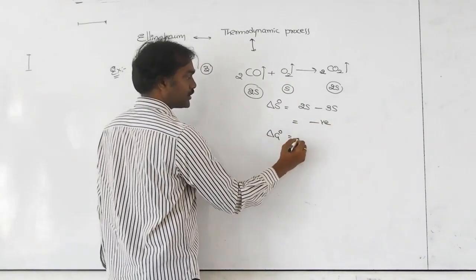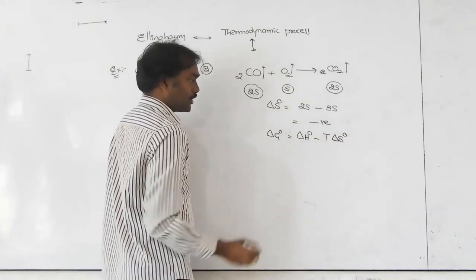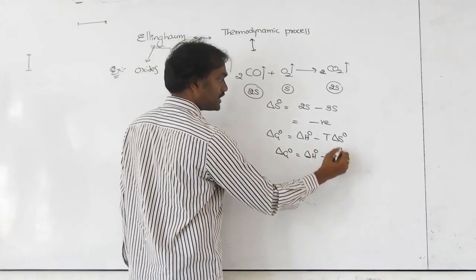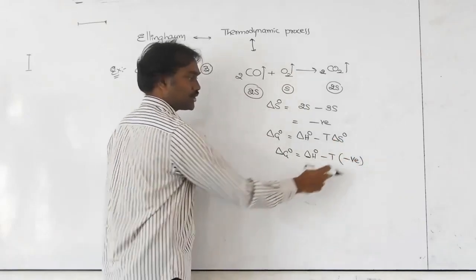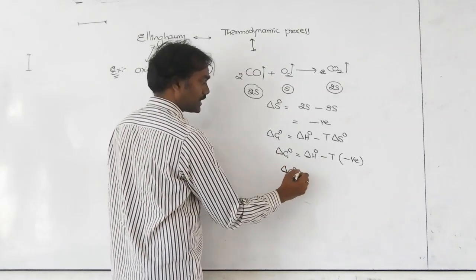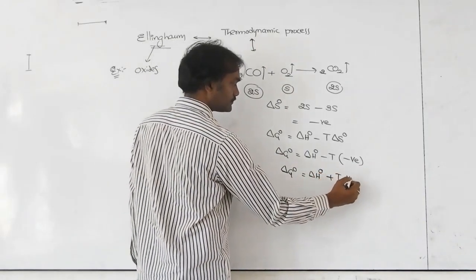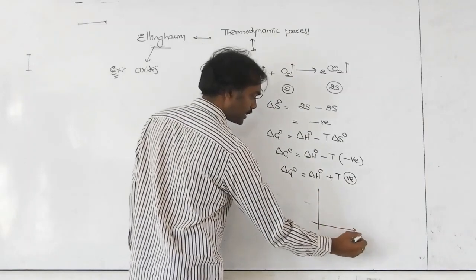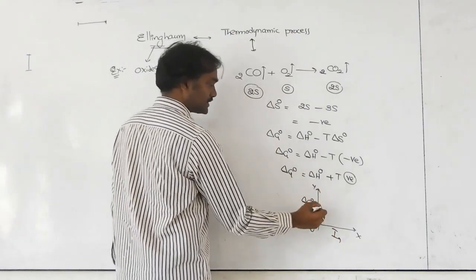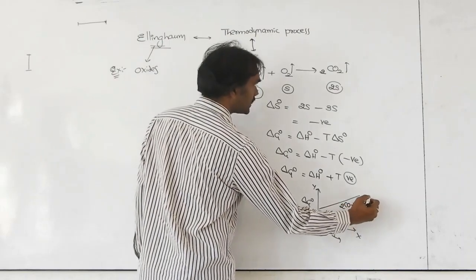Delta G naught equals delta H naught minus T delta S naught; negative into negative gives positive. So delta G naught equals delta H naught plus a positive term. Here also, on delta G naught versus temperature, you get a positive slope. That is 2CO plus O2 gives 2CO2.